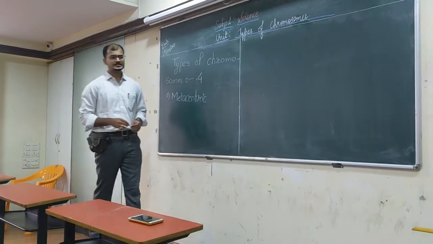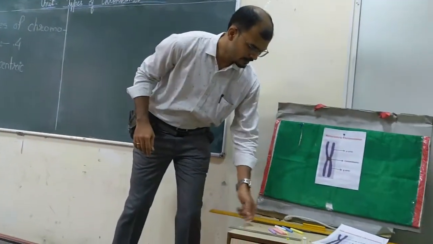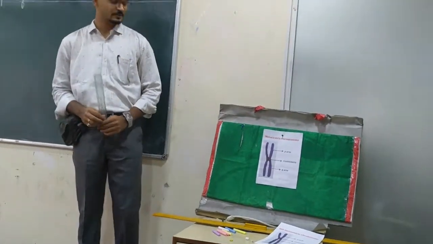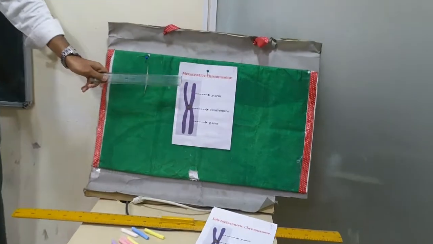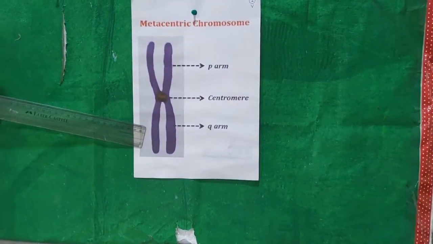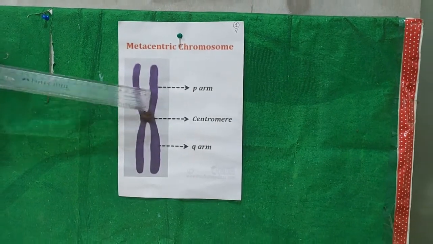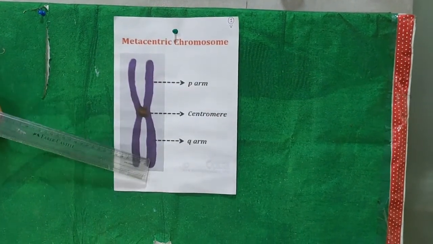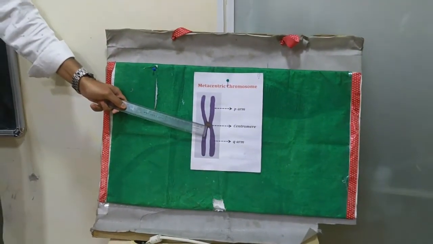Now, metacentric chromosome, let's see the picture of it. Observe the picture here. You see, there are 2 arms, the P and Q arm, in the chromosome, and this is the centromere.